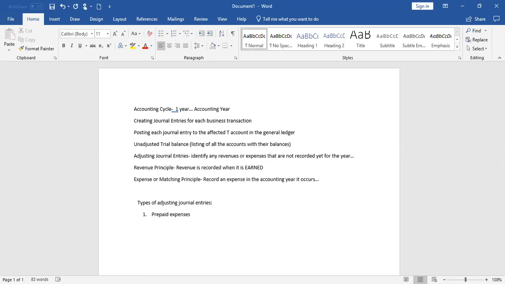Okay, so I'm going to give you an example of a prepaid expense, and then what kind of an adjusting journal entry would result from it. So let's say on 9/1 of 18, company paid for insurance coverage that will run from 9/1 of 18 to 9/1 of 19 with cash, $2,400.